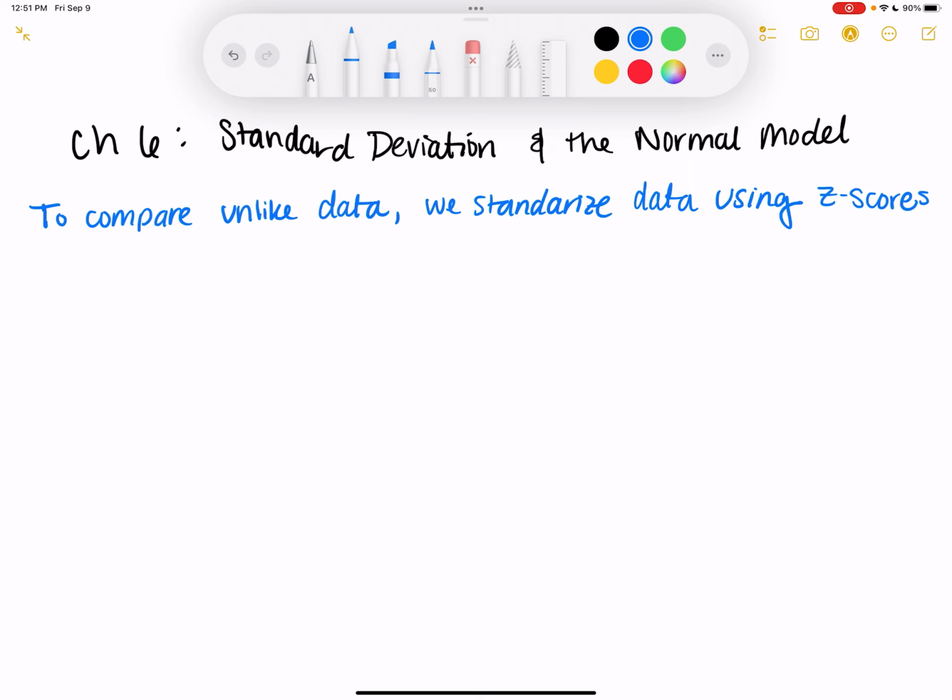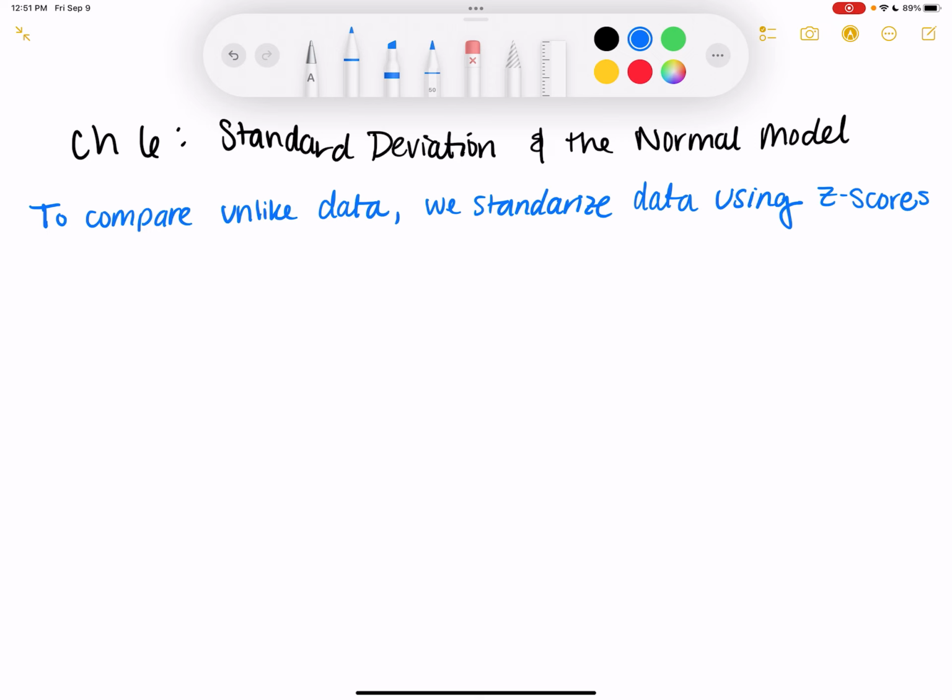So this would be something like, we wanted to see how you did in this class compared to forensics, let's say. Then this would be a way that we standardize everything because we grade differently.